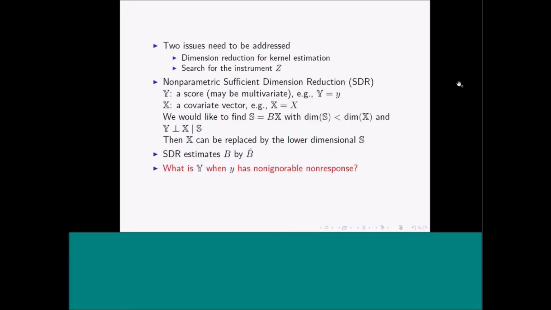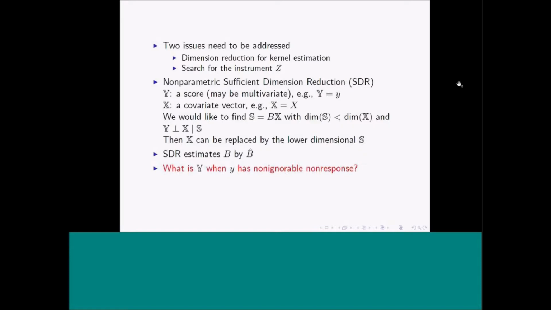Okay. So the next step is to use the so-called sufficient dimension reduction to solve this problem under some assumption. For that purpose, I will briefly introduce what sufficient dimension reduction is. It is totally a non-parametric method.